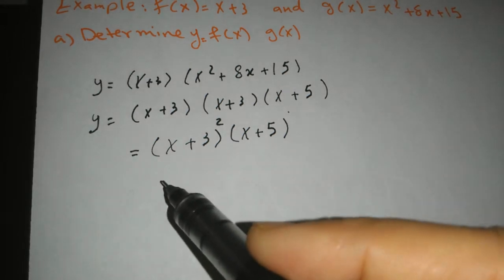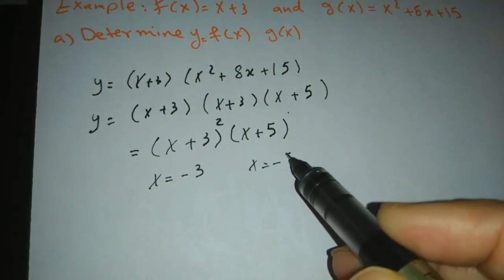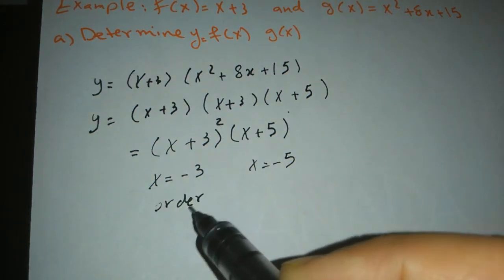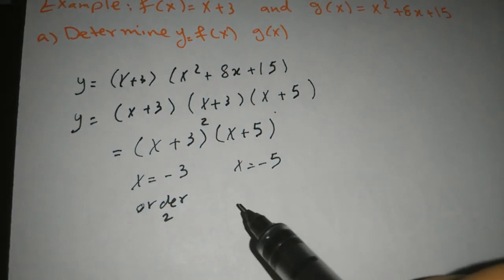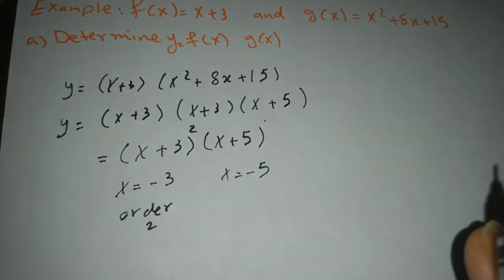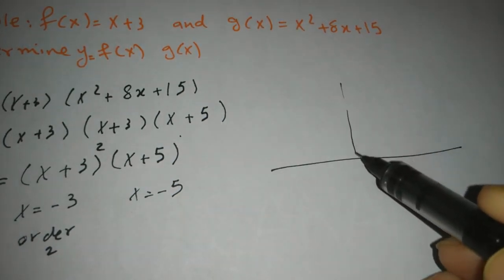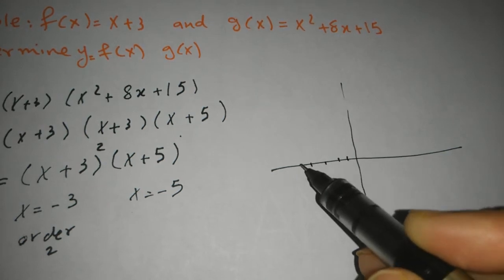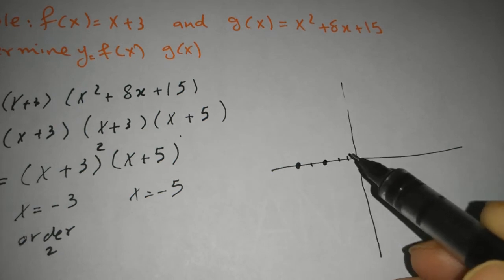Now the zeros here are x equal to -3 and x equal to -5, but -3 is going to be order 2. That means when you graph it, it's going to turn there, and at -5 it passes through because it is order 1. Now if I want to graph this, the zeros are -5 and -3.